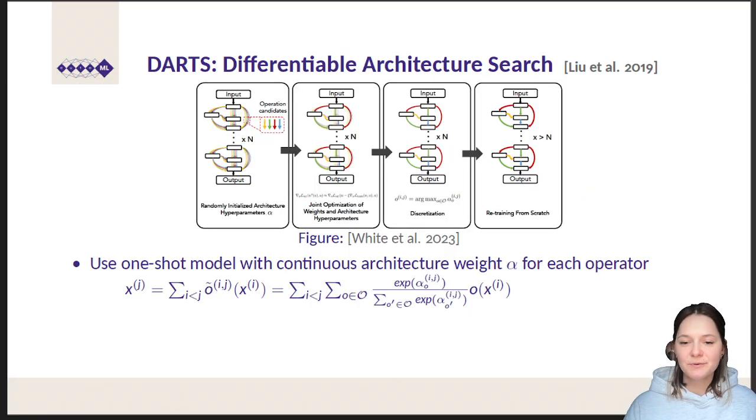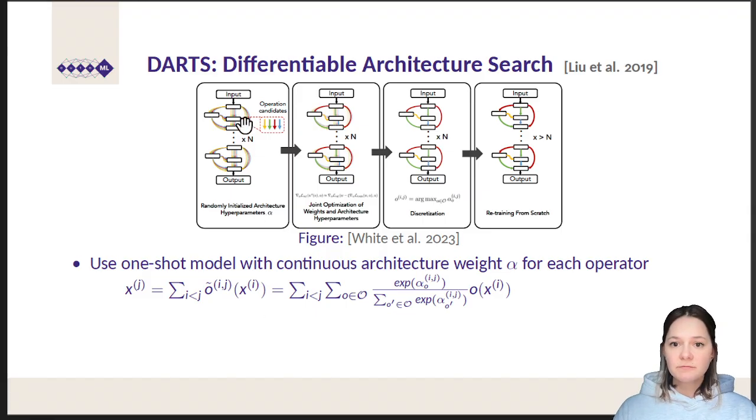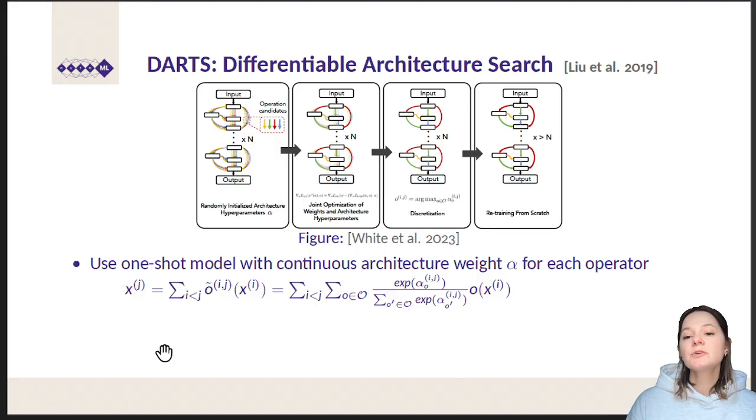So let's dig deep. At the very beginning we have our edge e_ij, for example here, which connects node i to node j, which contains multiple candidate operations o, here also visualized in 4 different colors, therefore 4 different operational choices.